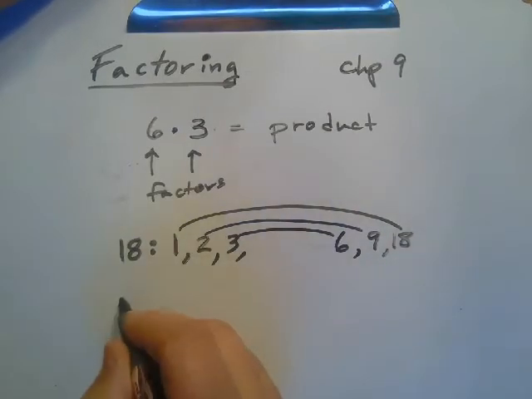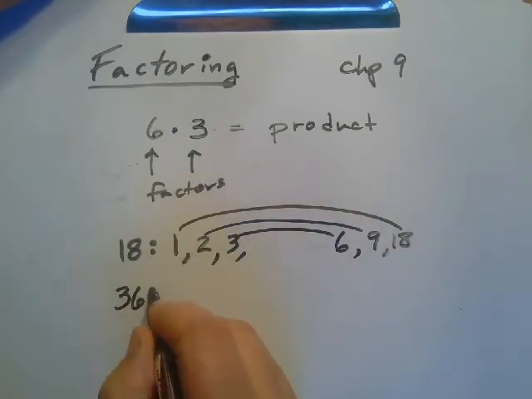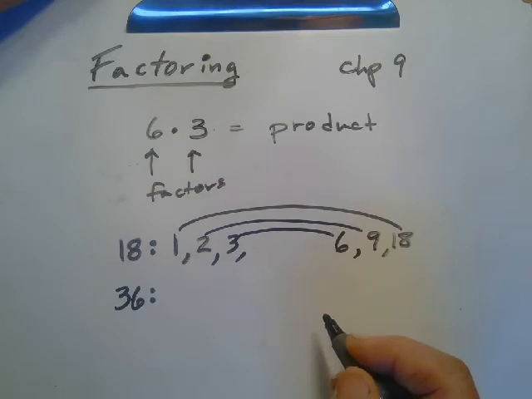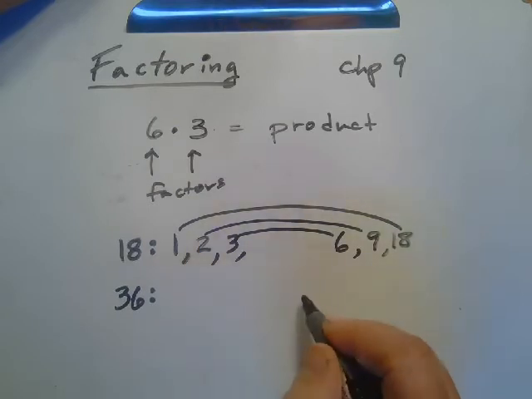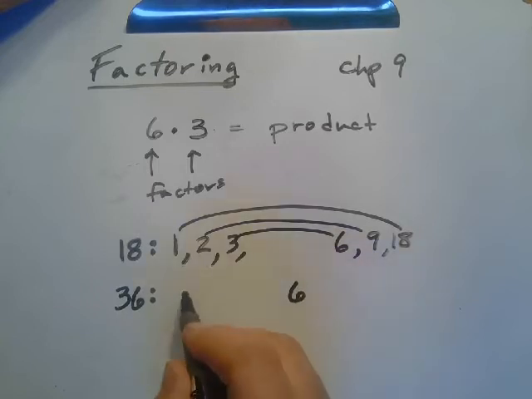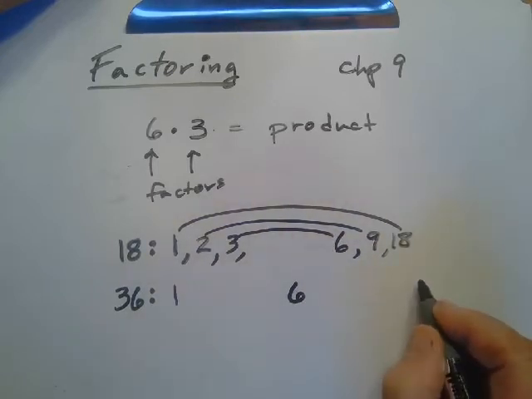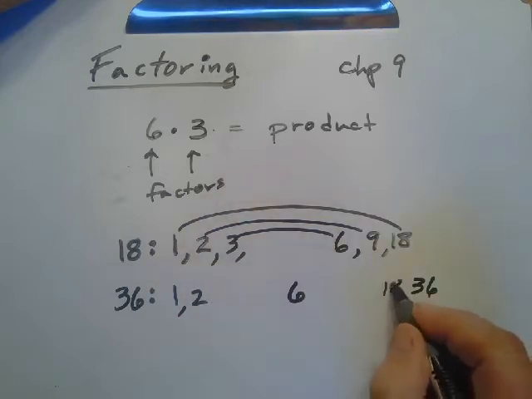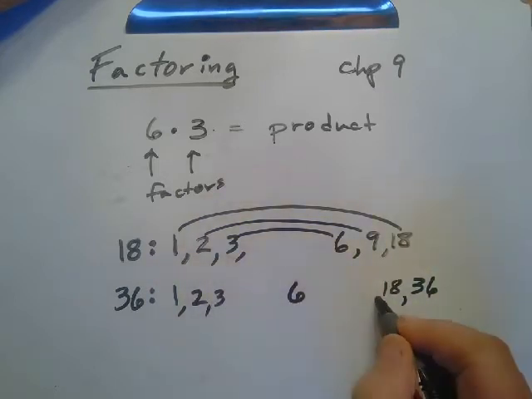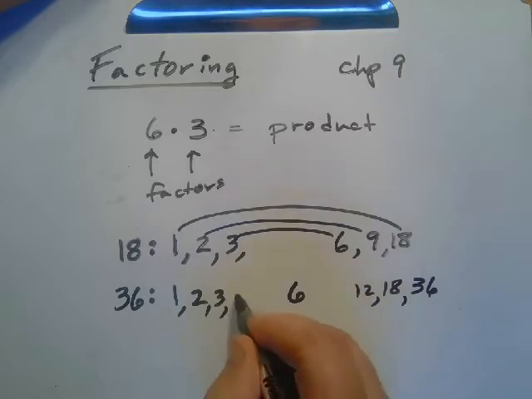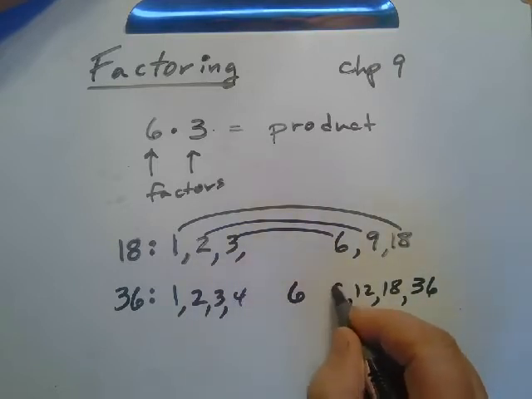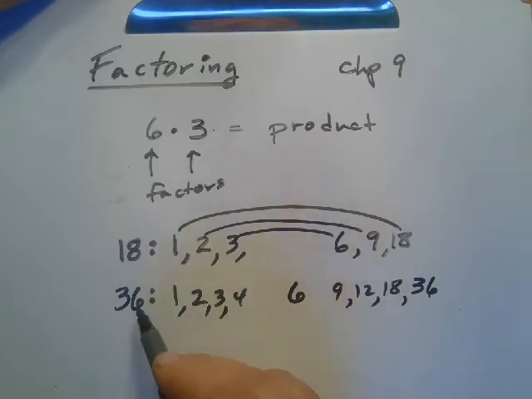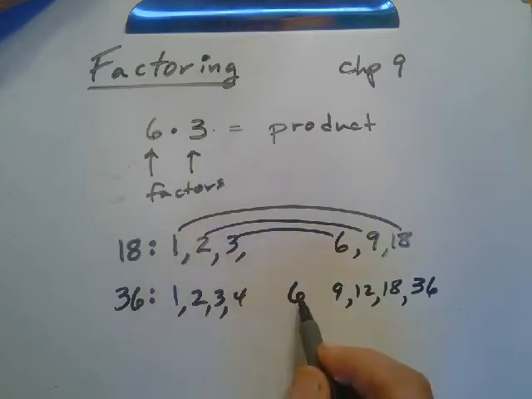Now that's not always true though. Sometimes you get a perfect square like 36, where the square root of 36 is a number in the middle, 6 times 6. So 1 goes into 36, 36 times, 2 goes in 18 times, 3 goes in 12, 4 goes in 9, 5 won't go in, 6 does go in, and it's multiplied times itself.